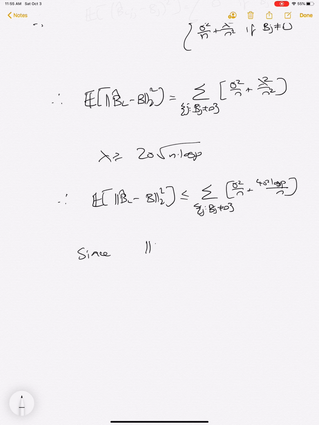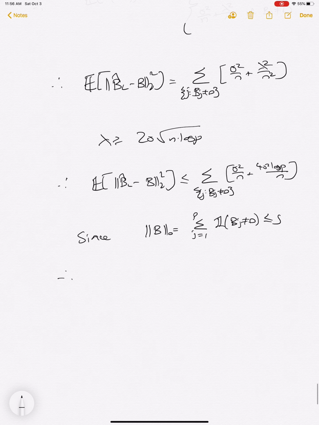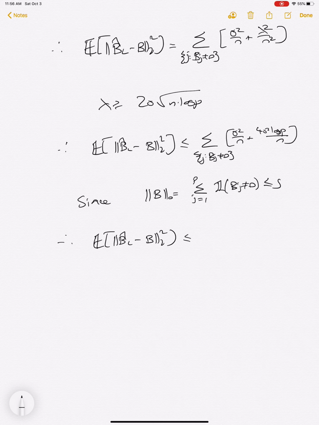Since we know that the norm of b0, which is the sum over j equals 1 to p of the indicator bj not equal to 0, is less than s, then we know that this mean squared error bound, which is pretty sharp, is going to be s sigma squared over n plus 4 s sigma squared log p over n.